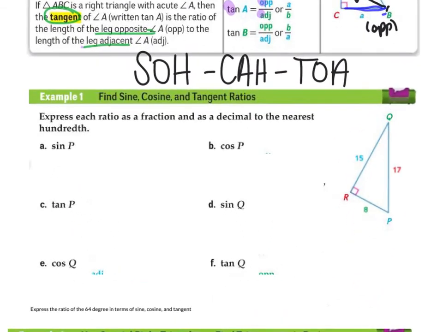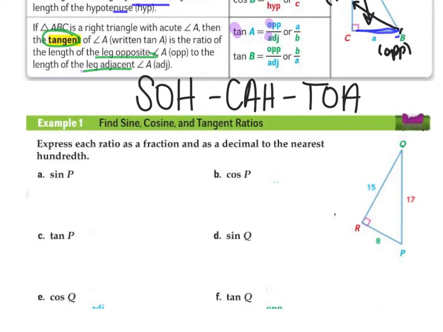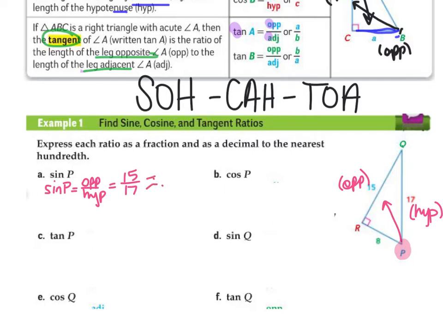Working on our first set of examples, we have here the sine of P. We're going to start off looking at P. We know that the sine is opposite over hypotenuse. So we're going to go to our opposite side, 15, and our hypotenuse is 17. So 15 over 17, and when we convert it to a decimal, we will have a value of about 0.88.